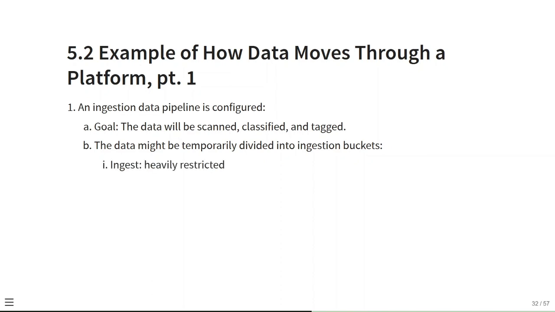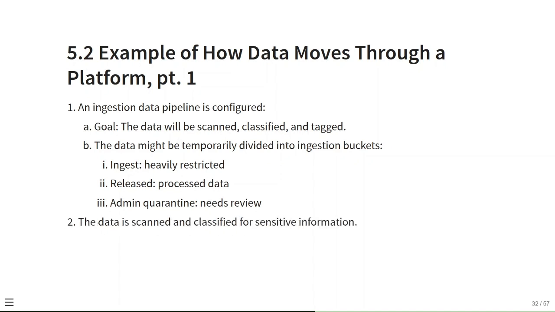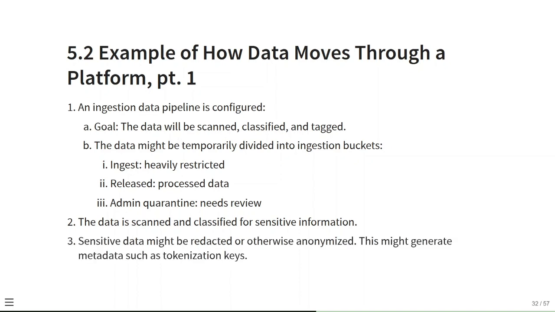One ingest bucket that is heavily restricted, one released bucket where the data has been processed, and one admin quarantine bucket for data that needs review. The data is scanned and classified for sensitive information, and sensitive data might be redacted or otherwise anonymized, and this might generate metadata such as tokenization keys.